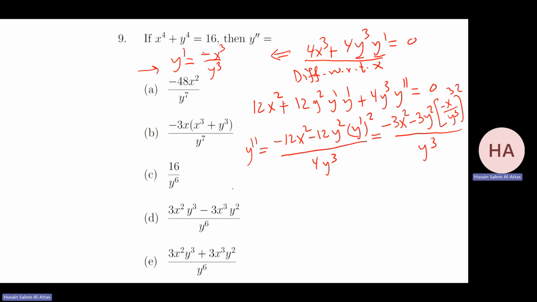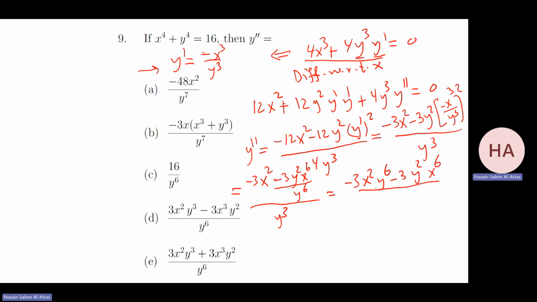So this will be what? Minus 3x squared y to the power 6 minus 3y squared x to the power 6 over y to the power 9.